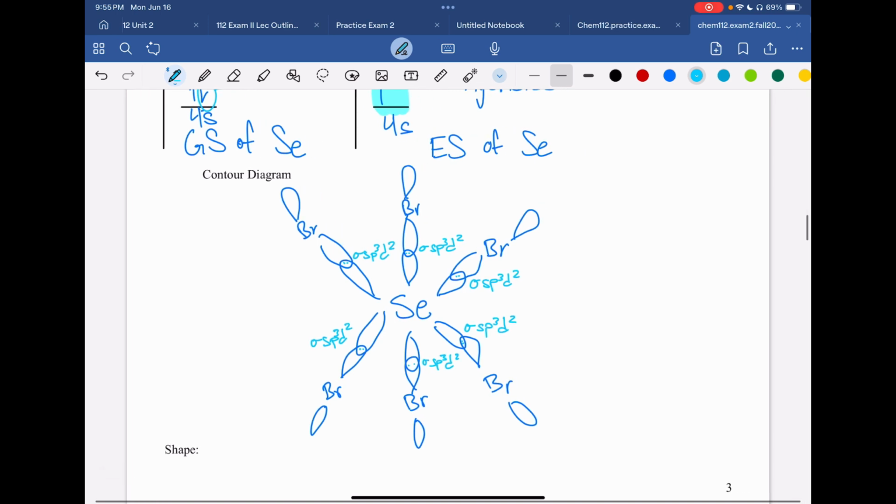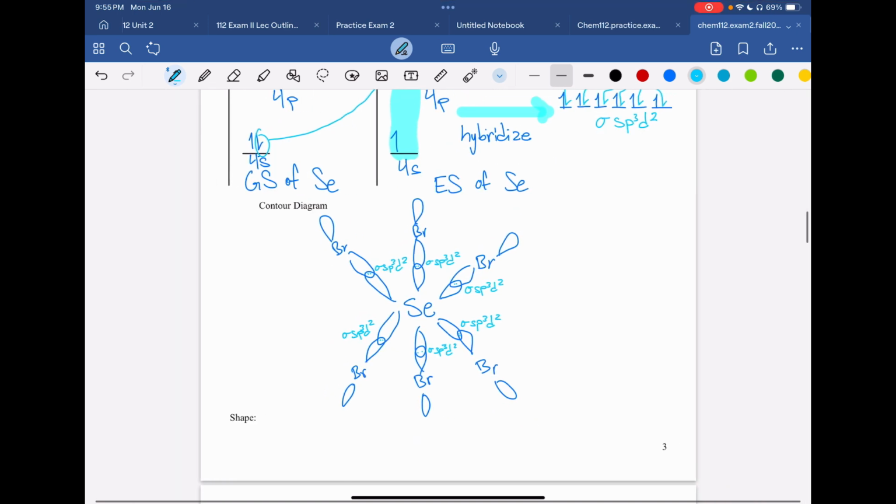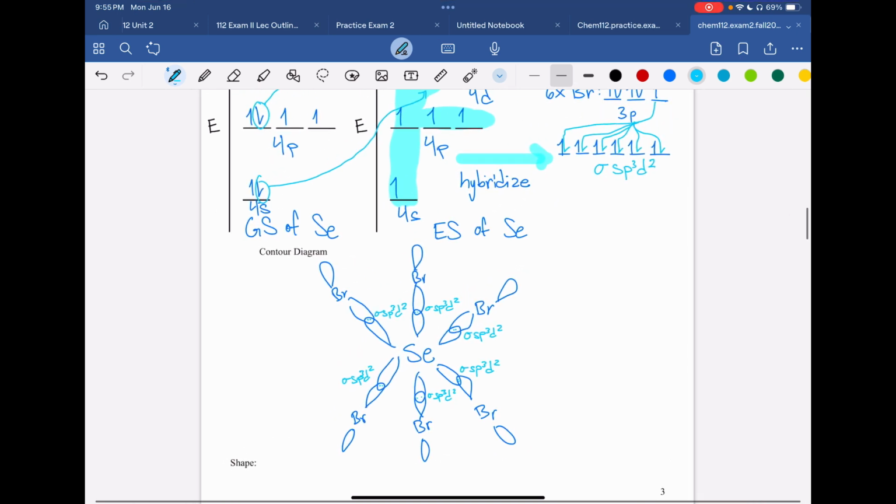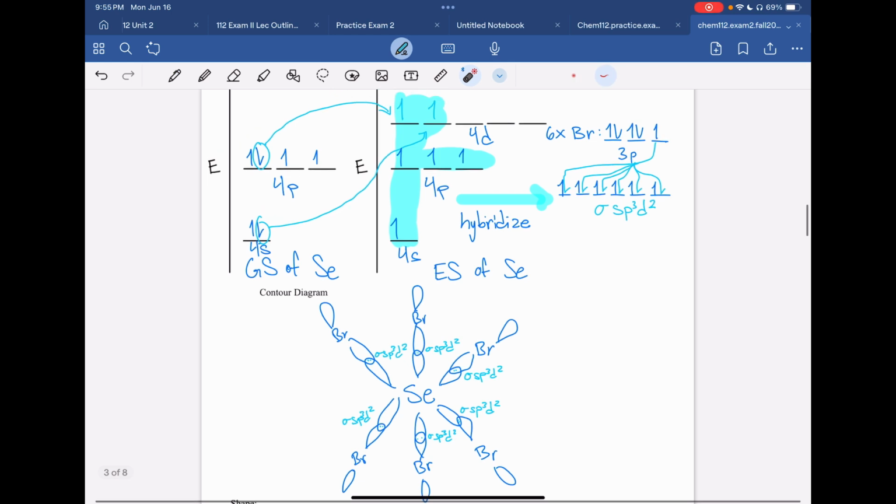Okay, then you have to label, okay, where do these electrons occupy?